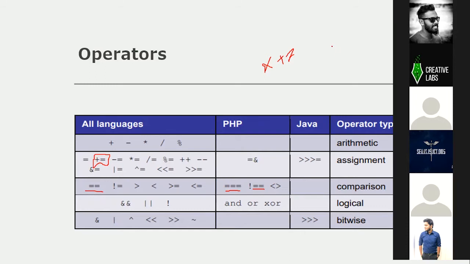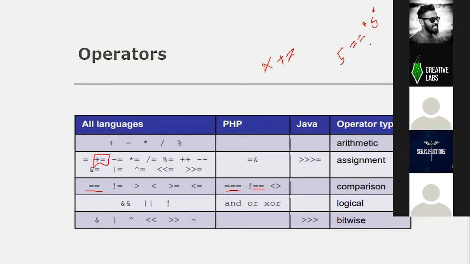So that means 5 equal 5. So what will be the output for this?